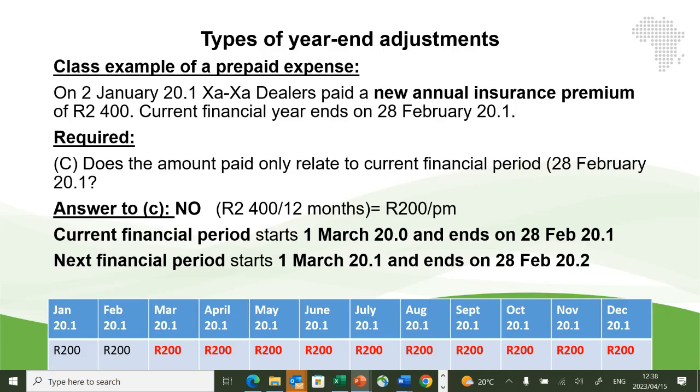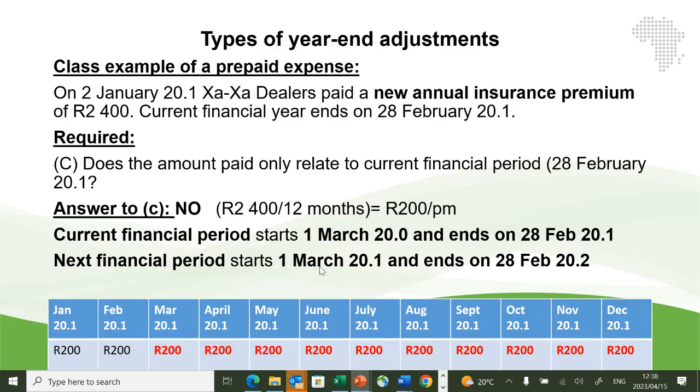So which means in the current financial period, only 2 months belong to the current financial period. It is January 20.1 and February 20.1. Then which means out of those 12 months, only 2 months fall into the current financial period and the other 10 months fall outside.